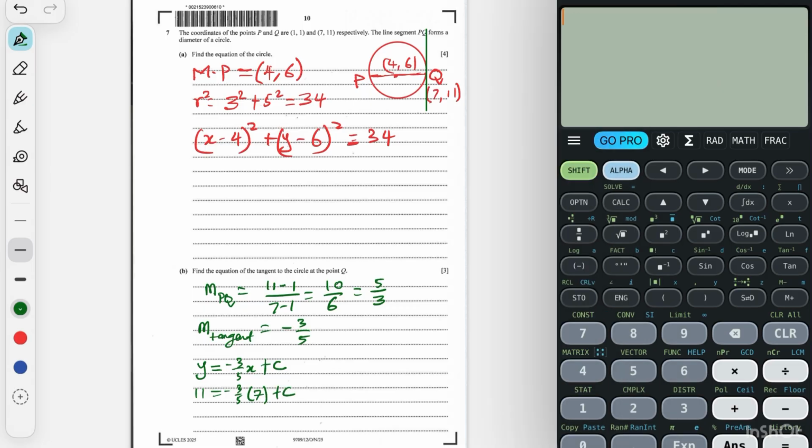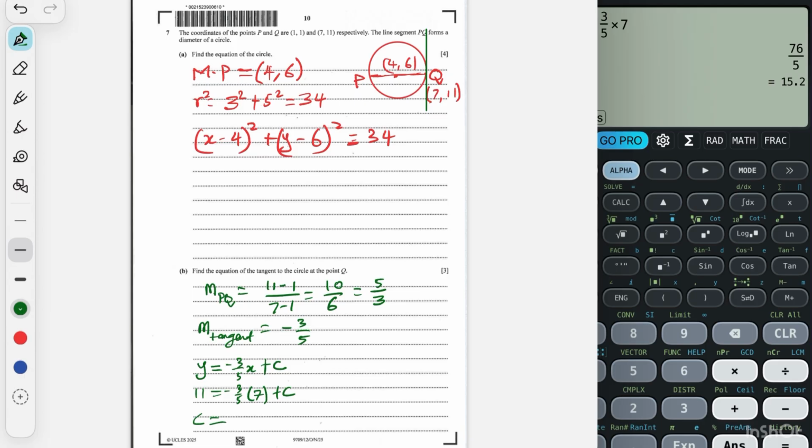So c is 11 plus 3 over 5 times 7, so you get 76 over 5. So C is 76 over 5. So my equation is y equals minus 3 over 5 x plus 76 over 5. So that is my equation.